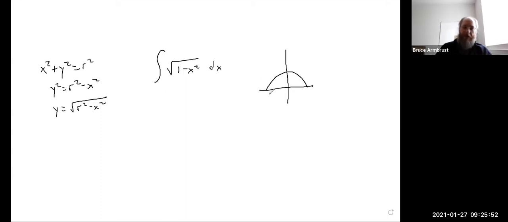I'd still use geometry to do it, because this thing is just a portion of a circle. I know its area. Even if it was just a circular arc, we know how to find that area. I don't know if you remember this, but it's 1/2 r squared theta, where that guy's our theta.